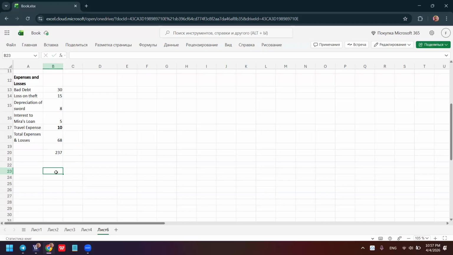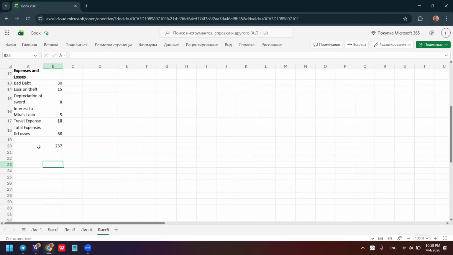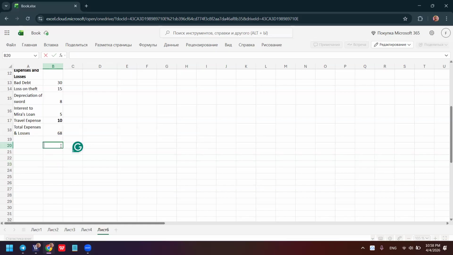And now we calculate the cost of revenue, which is the direct cost of owning the big contract. These are literally the things that help her to continue her work.